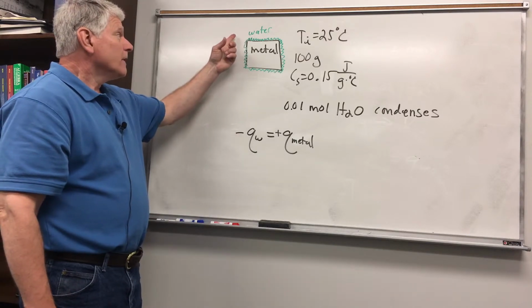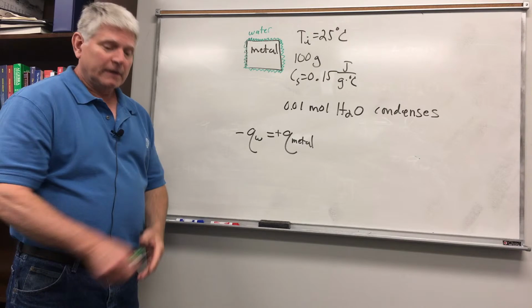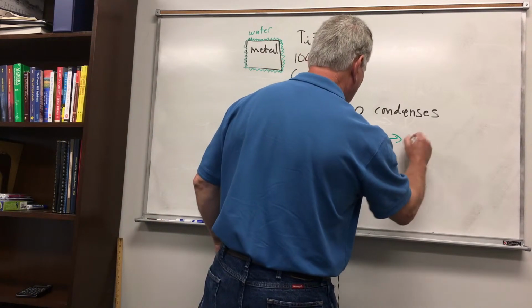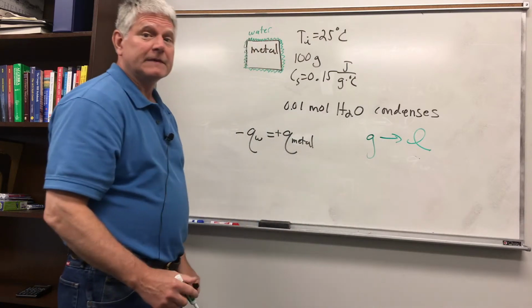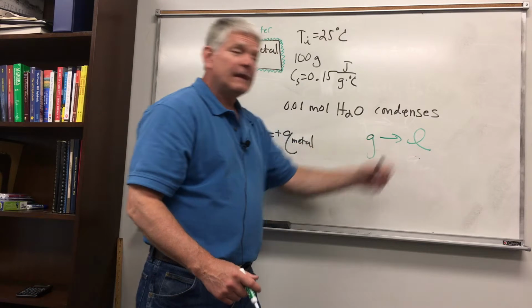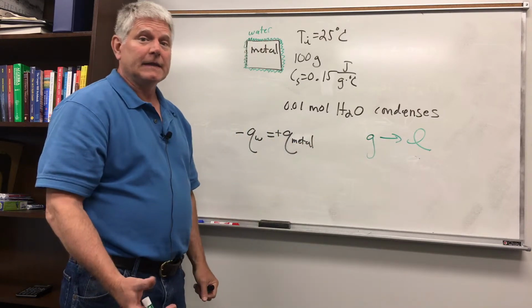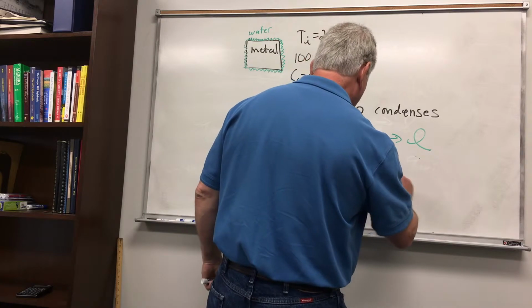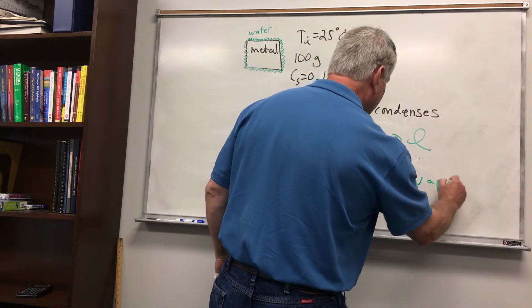So when water goes from the gas to the liquid phase, that's condensation. So when water condenses, it releases heat because this is just the opposite of liquid going to gas. That's called vaporization.